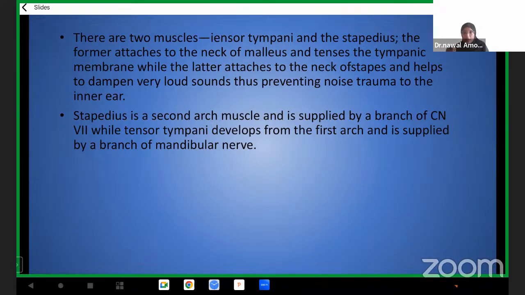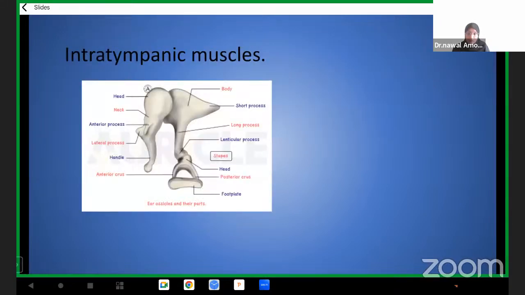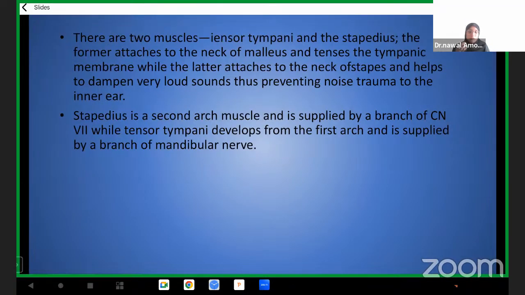So one is attached to the neck of malleus and one is attached to the neck of stapes. So what do the intratympanic muscles actually do? These muscles help prevent extra noise entering into your ear. They dampen a very loud sound. That leads to prevention of noise trauma to the inner ear.